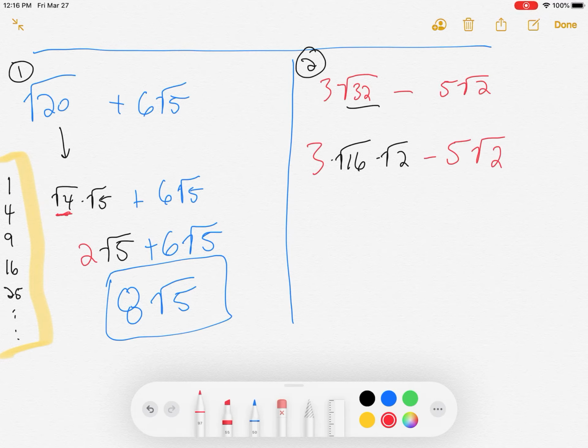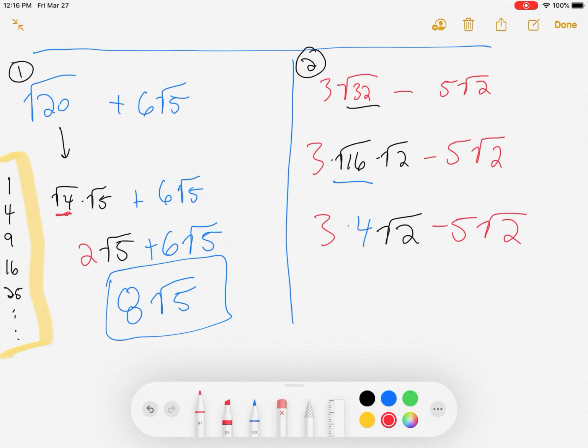Okay, why does that help us? Well, we know that the square root of 16 is 4. So now it's 3 times 4 times the square root of 2 minus 5 square roots of 2.